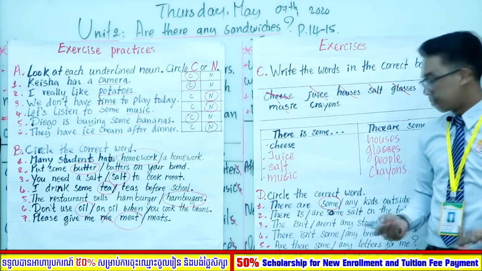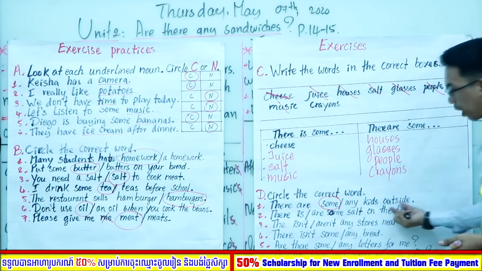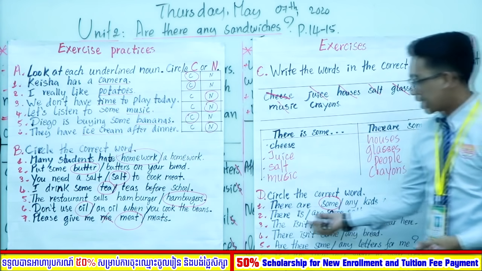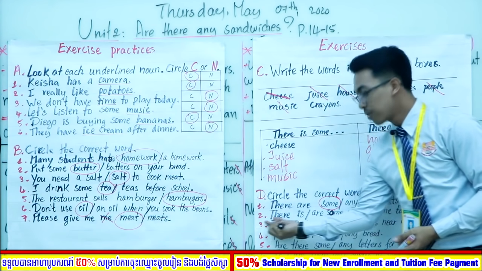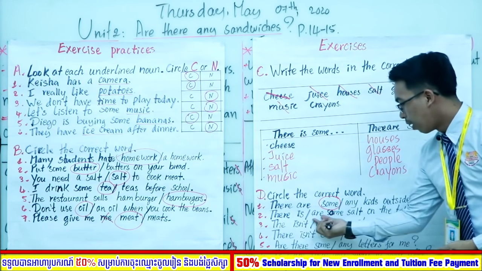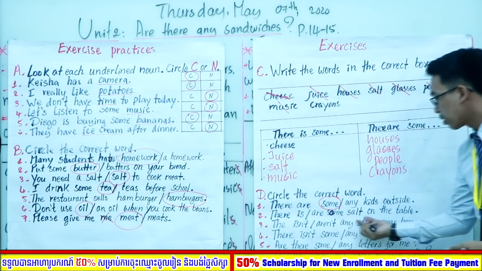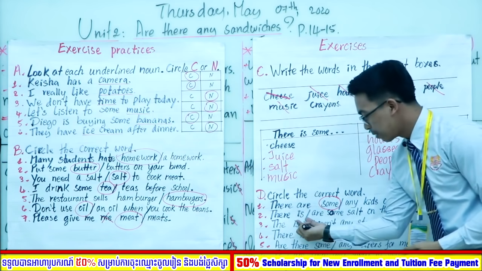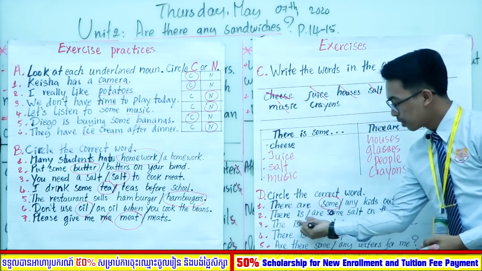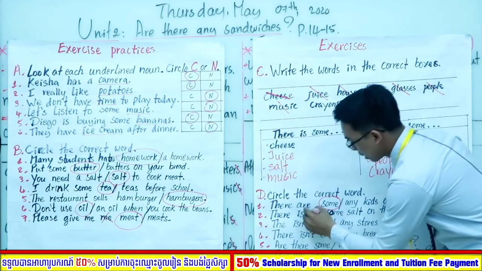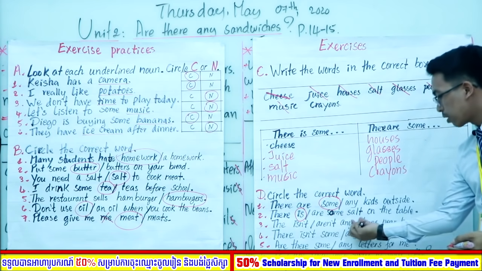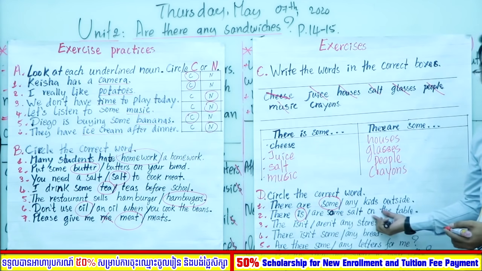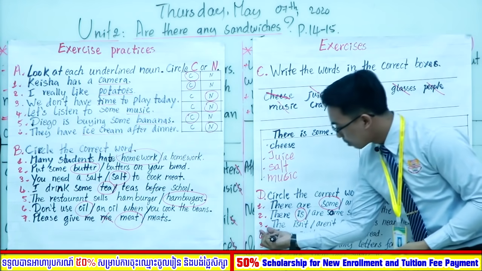Number 2: there is or there are some salt on the tables. You have to circle the first one: there is some salt on the tables.